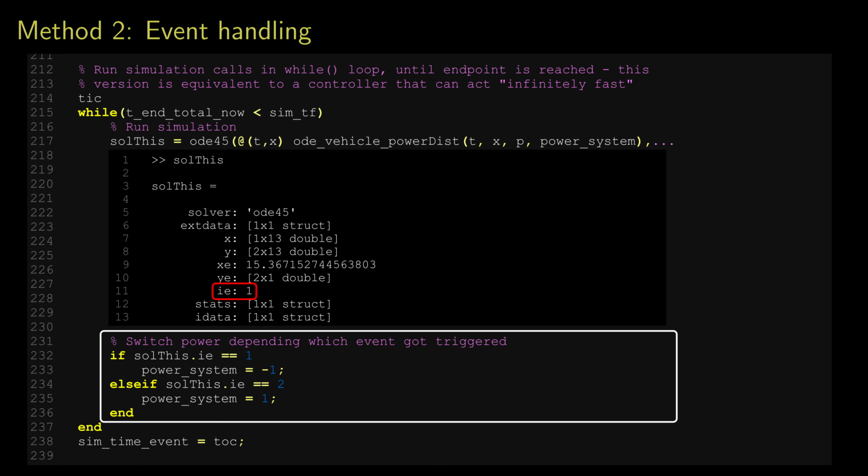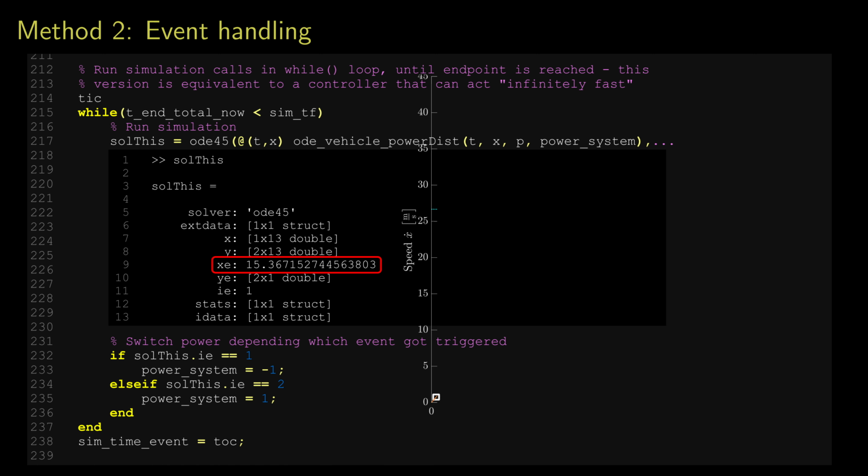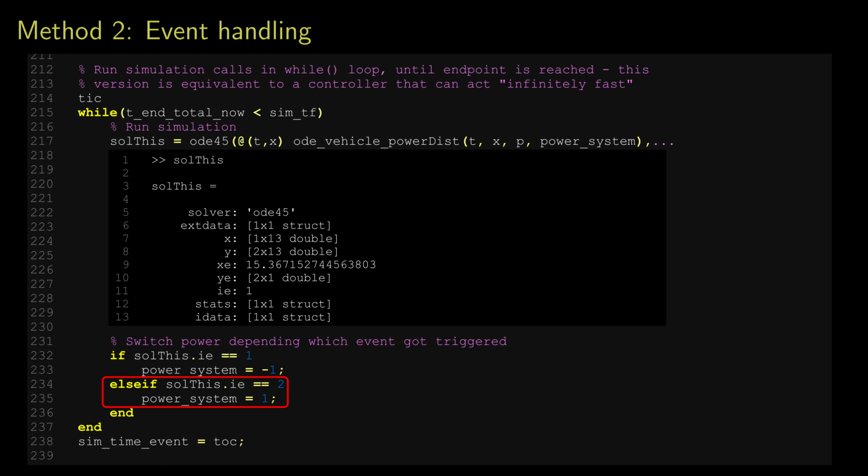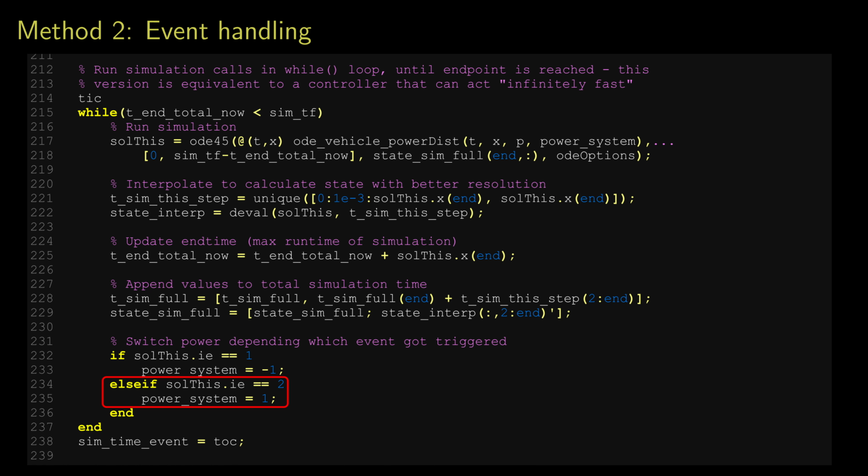For this example here, our event with index 1 got triggered at around 15.3 seconds. That was the event where our velocity reached 40 meters per second up here. The way we defined it was that now we have to switch power to be negative and vice versa, as you can see here. I have also added a timer here, so we can compare our simulation time with this method with the one from before.